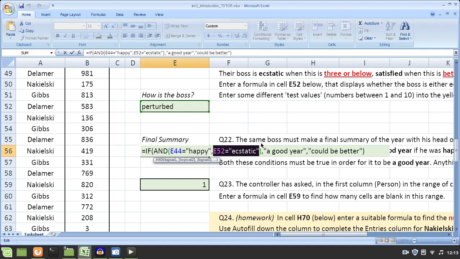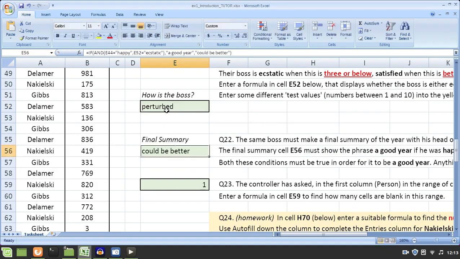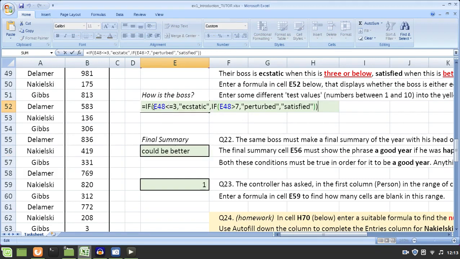So what's the difference between this one and the previous one? Well, in the previous if statements, we only had one condition which had to be true in order to be a true condition for the if statement. So in the previous examples, we only needed one true condition. Now we need two things to be true.